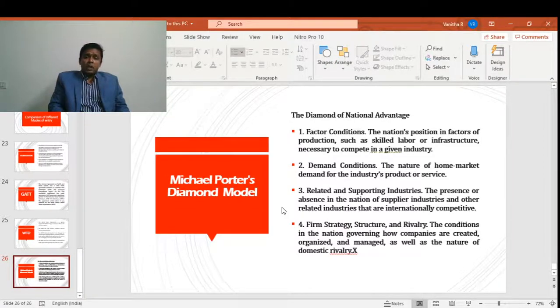He used to assist many economists, he assists many countries. Even now he is available. He's 73, 74 years old now, and he's a Harvard Business School professor, very, very well known.